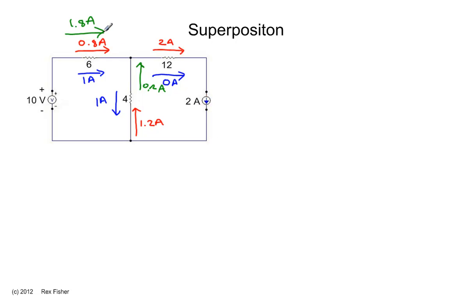And 1.8 plus 0.2 equals 2 amps. And 2 amps minus 0 also equals 2 amps. So these are all of the correct currents that flow in this circuit.